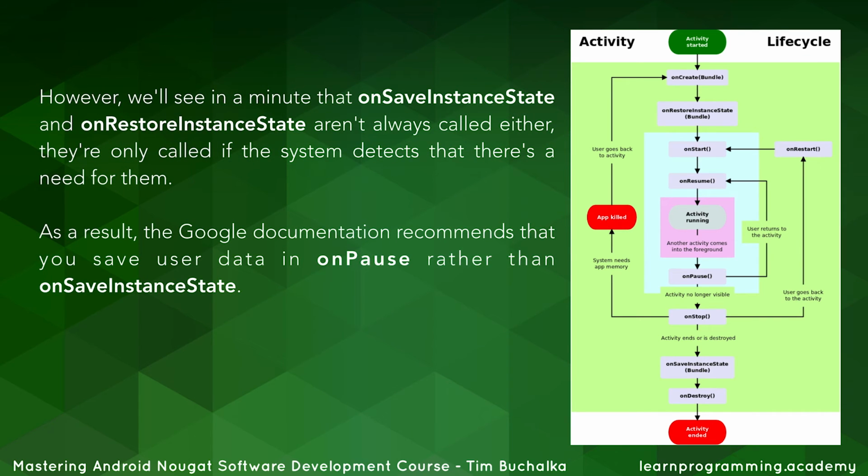We'll see in a minute that onSaveInstanceState and onRestoreInstanceState aren't always called either. They're only actually called if the system detects that there's a need for them to be called. As a result, the Google documentation recommends that you save user data in onPause rather than in the onSaveInstanceState method.